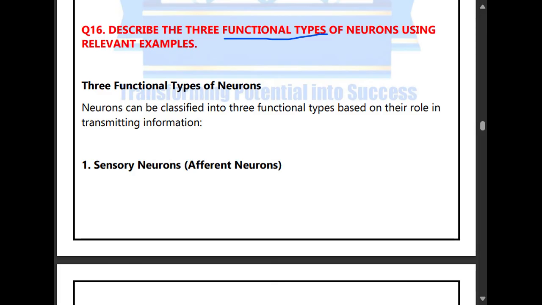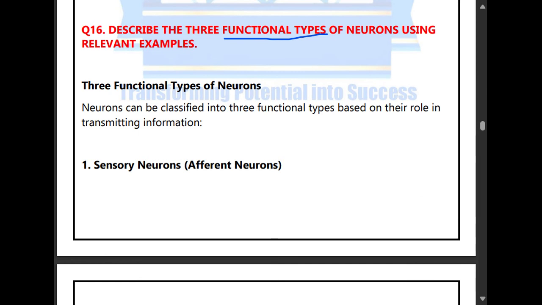They can also be classified depending on the length of their axon, which is why you have the Golgi type 1 and Golgi type 2 neurons. But this question is focusing on the classification that depends upon function.